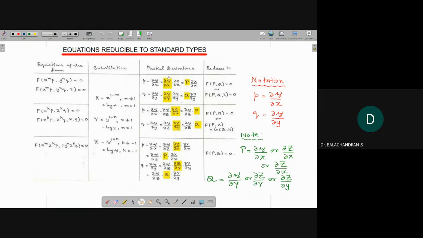So for the partial derivatives, we know that small p is dou z by dou x.